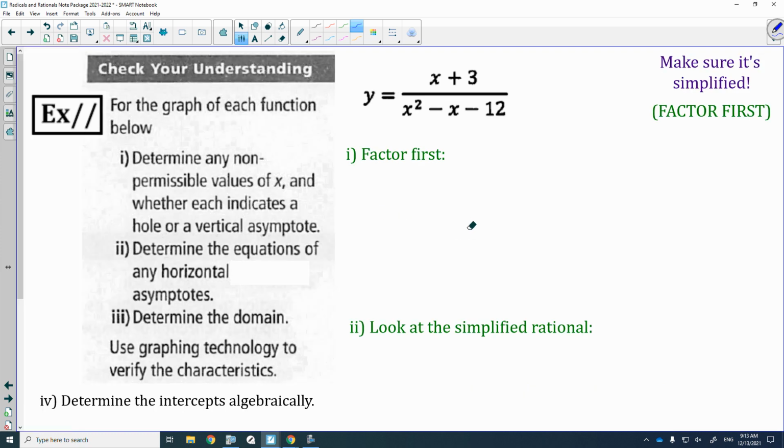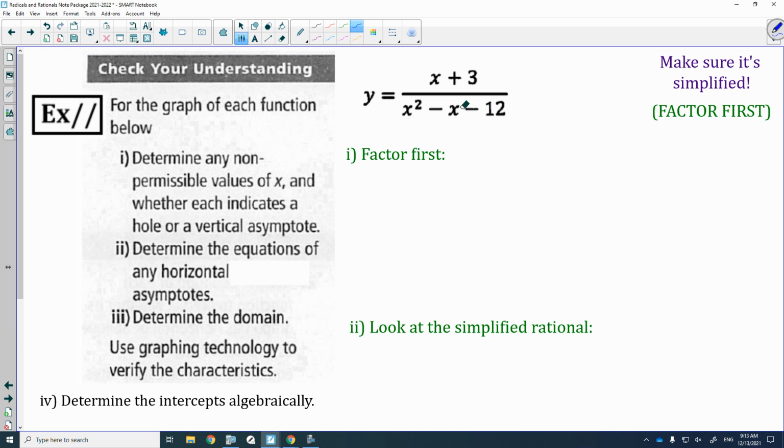And then let's do this one. Okay, so this is more a review of just what we would have done on the quiz, right? This is what we did last week. So let's get this equation. Let's get all the NPVs, see if there's any holes, be able to write the domain and range, and be able to get the x and y intercepts.